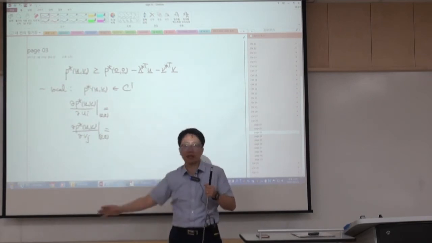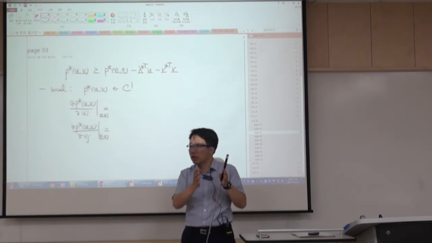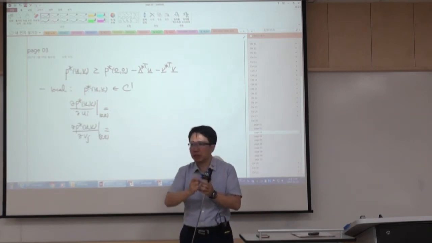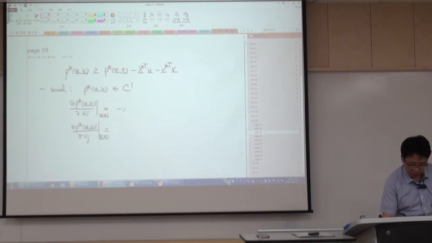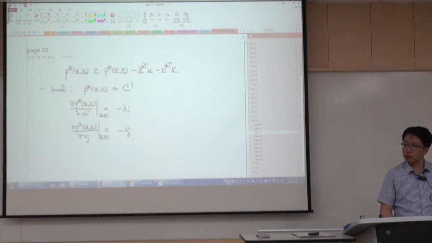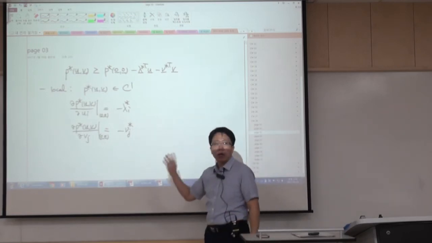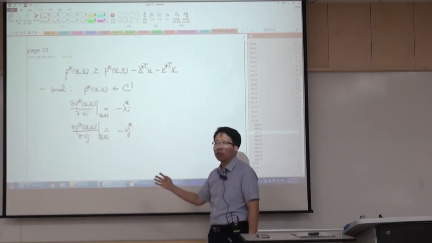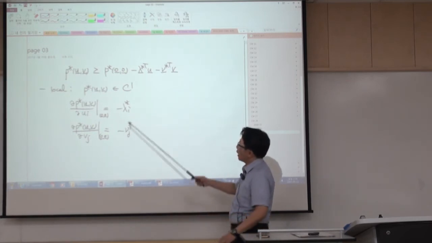You can't say anything. What you can say is that if you perturb the original unperturbed problem a little bit, then the derivative is minus lambda star, minus nu star. You need star because we defined lambda star, nu star as dual optimal for the unperturbed problem. Got it? So it's kind of interesting.